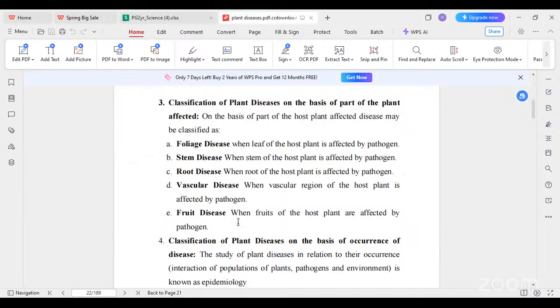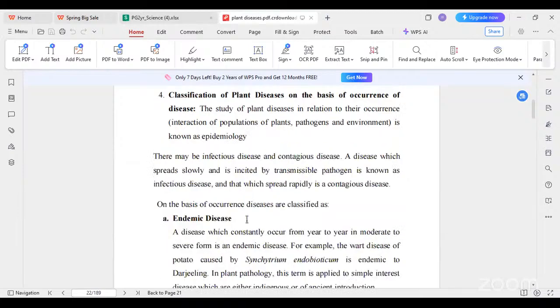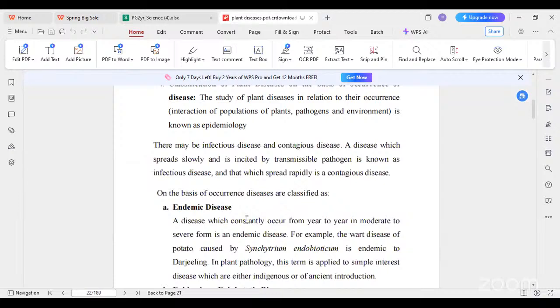And classification of plant disease on the basis of occurrence of the disease. The study of plant disease in relation to their occurrence, interaction of populations of plants, pathogens and environment is known as epidemiology. There may be infectious disease and contagious disease.